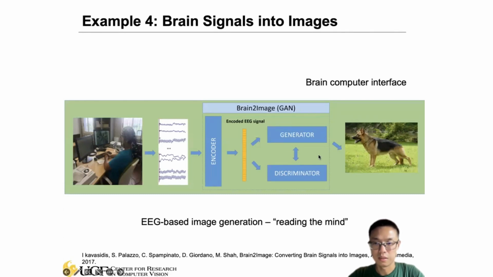And then during the inference stage, we don't know what picture this user is actually looking at, but based on this EEG signal and with this trained generator network, we are able to predict what image this user is actually looking at. Okay, so that's the idea of this kind of EEG-based image generation, this kind of brain-computer interface.